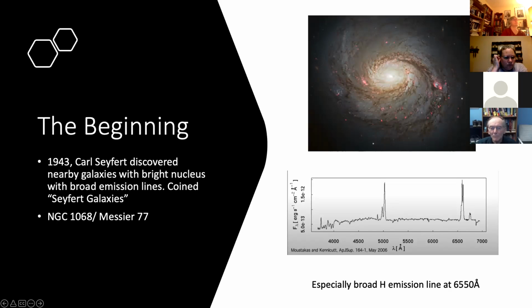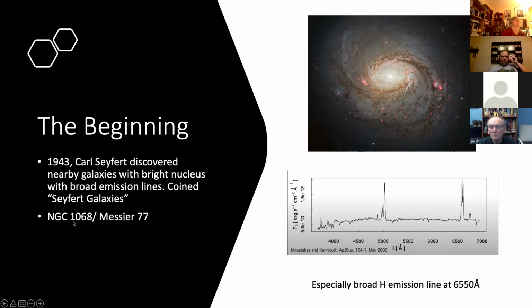We see these lines or peaks that correspond to specific emissions of light due to hydrogen or other elements. Specifically at this wavelength of 6,550 angstroms, this emission line is not really a line at all. It's actually a fairly broad peak. We expect these to be more like a line.